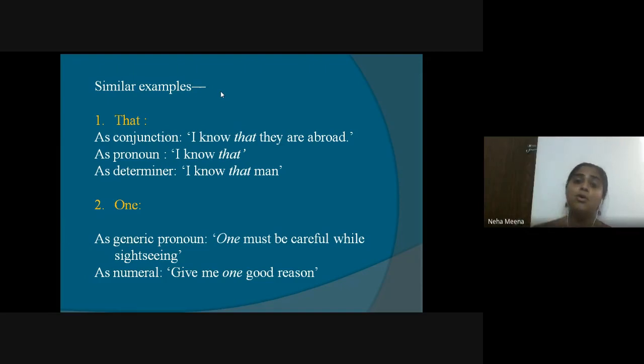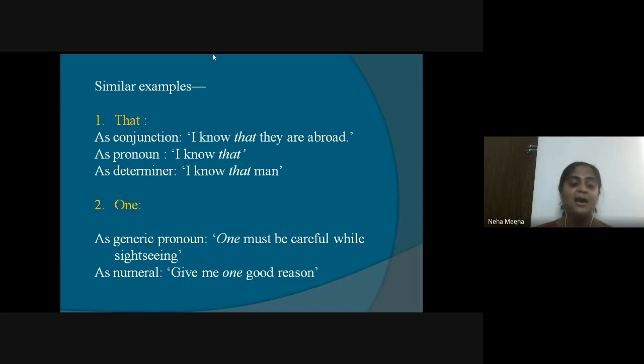Okay, so for the particular person you are pointing out, you are using "that" here. So the usage and the functionality depend on the context. Therefore you have to look into the meaning of the sentence, then only can you tell what kind of function this particular word is playing in the sentence.